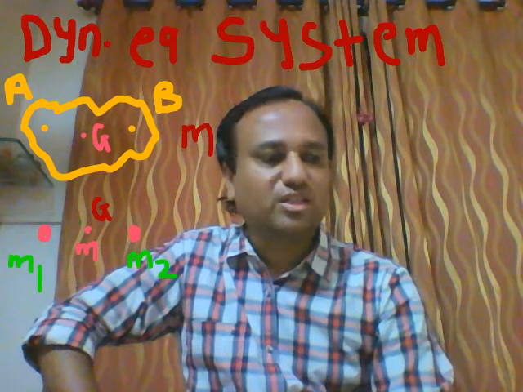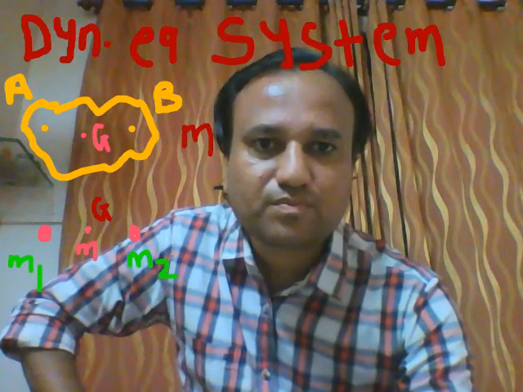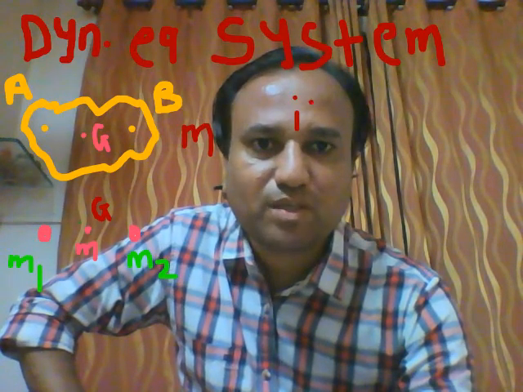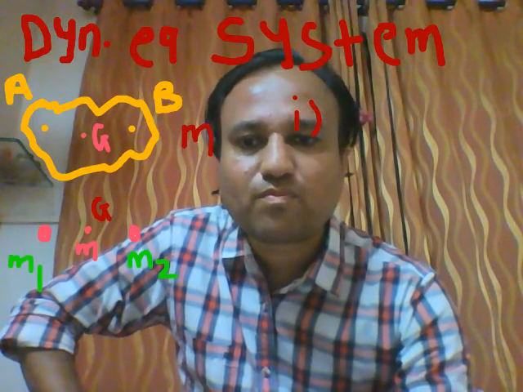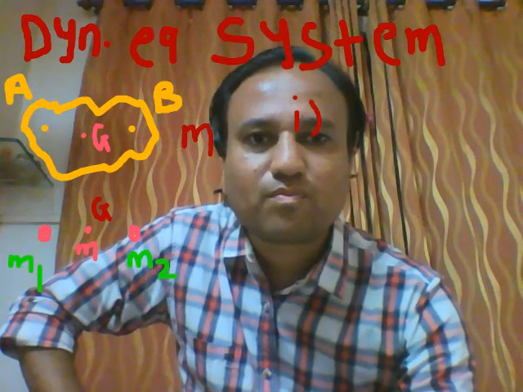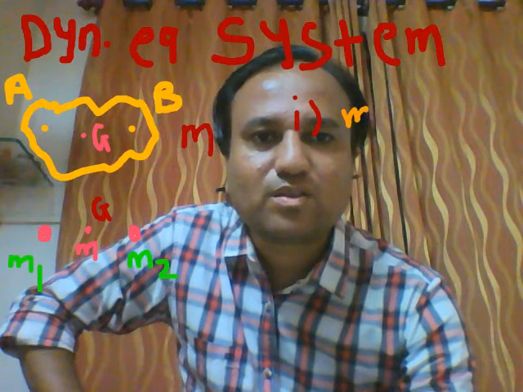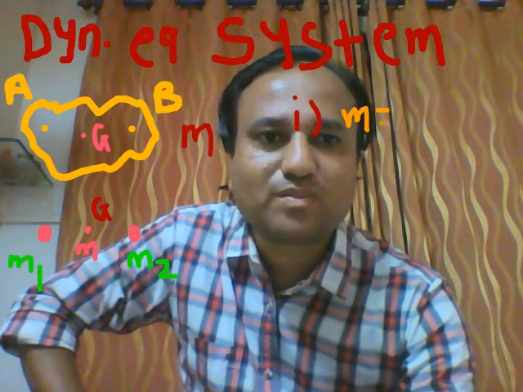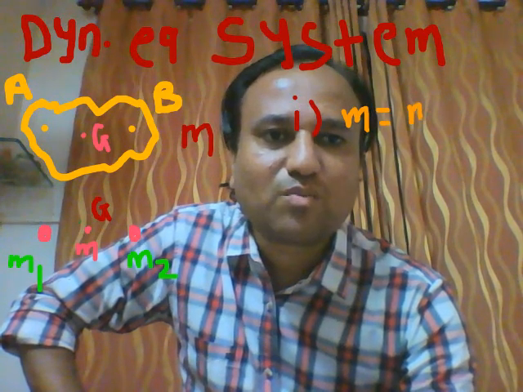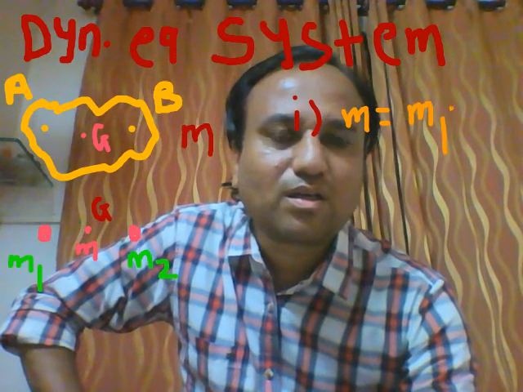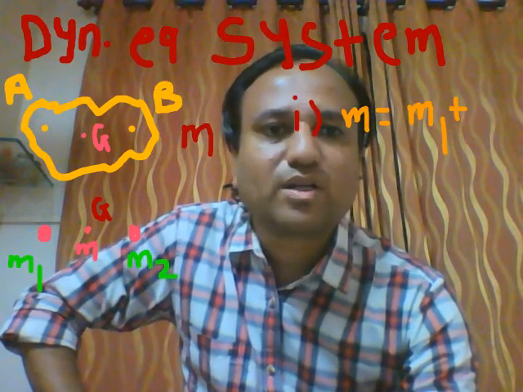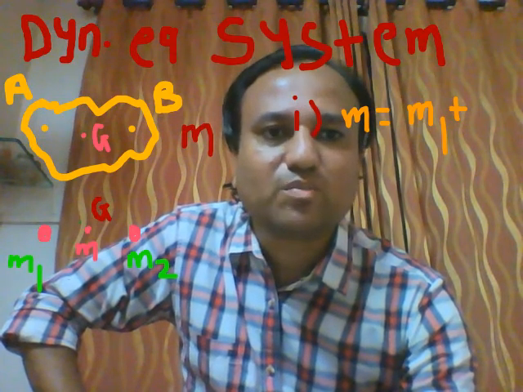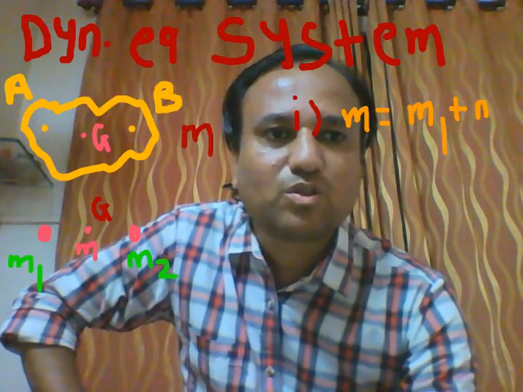So the first condition, number 1, is that total mass of the rigid body is equal to, that is m is equal to m1 plus m2.